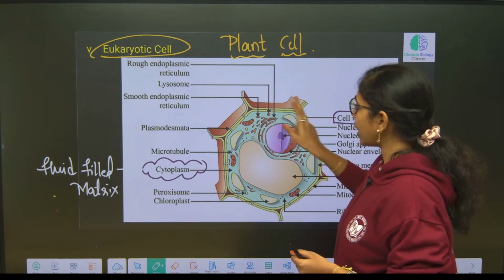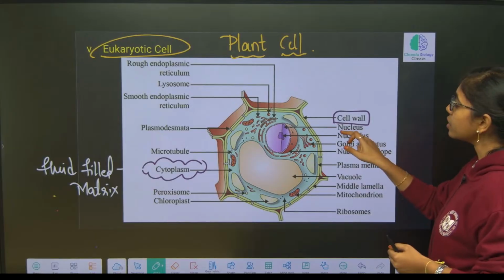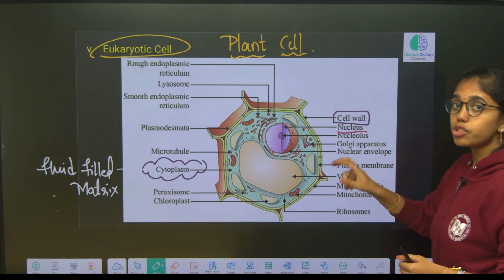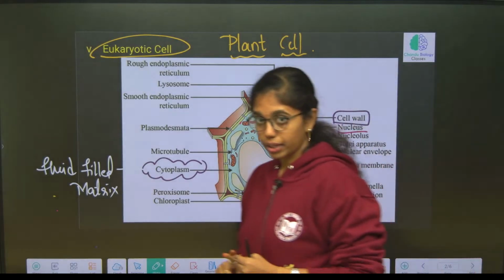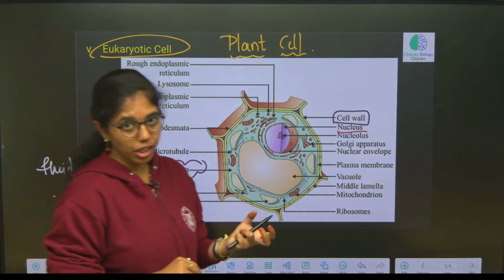wherein inside the cytoplasm, the major organelle is the nucleus. The nucleus, which is a double membrane bound organelle, is the hub for the storage of genetic information.